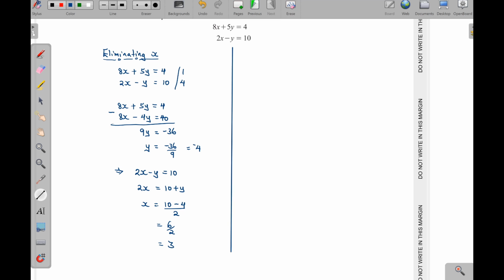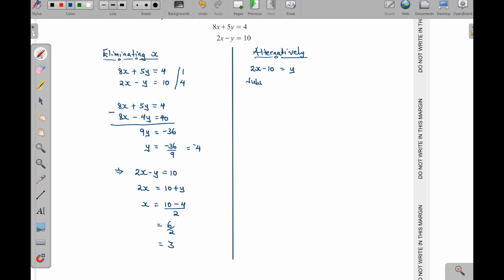But I can also use maybe substitution. Let me also show you this one here. Alternatively, we can make y the subject of the formula in the second one here. So 2x minus 10 shall be equal to y.